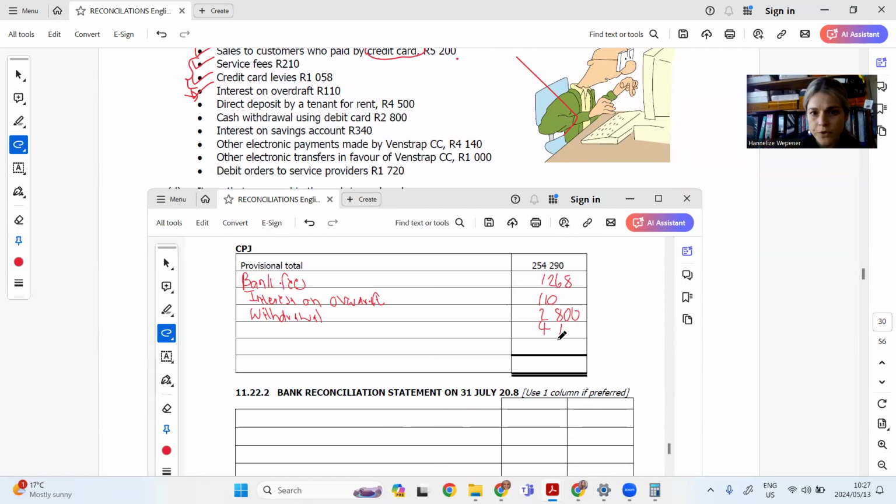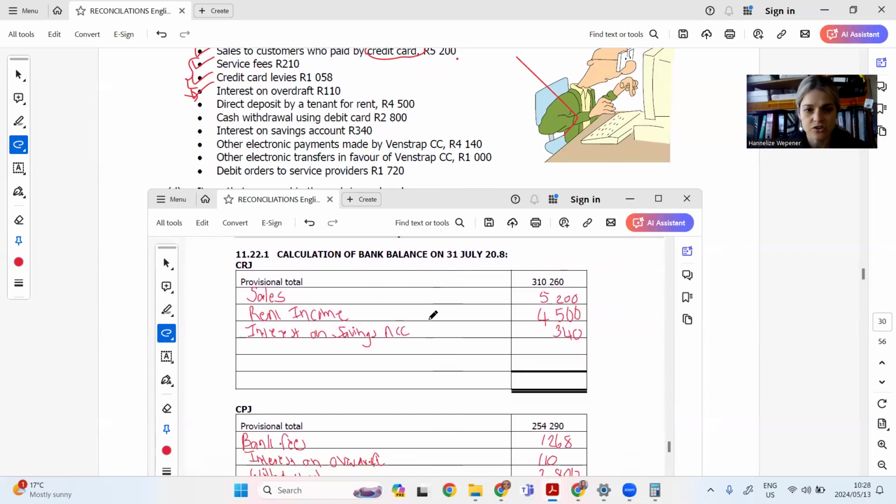So 4140. EFT payments is enough because they didn't give you details. Then other electronic transfers in favor of you. So in favor of your business means that you received money. So deposits. If you write EFTs there, that's fine as well. So deposits, not 10,000, but 1,000.